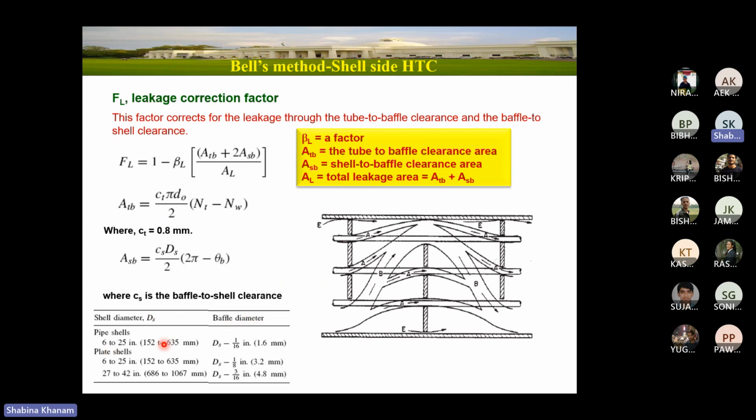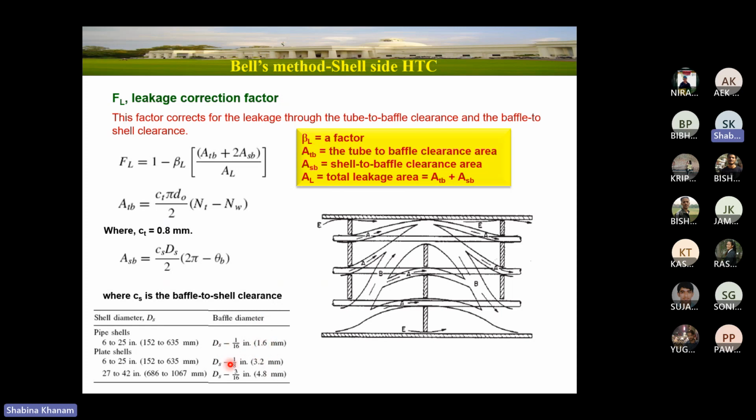Here I am considering two shells, one is pipe shell, another is plate shell. Pipe shell, where ready-made pipes are available which we can use as a shell. Plate shell, where I have the metal plate, and by rolling it we can prepare the shell. I have discussed that before when we discussed shell dimensions. Here you can see the range of shell diameter, and the baffle diameter, that is ds minus 1 by 16 inches.